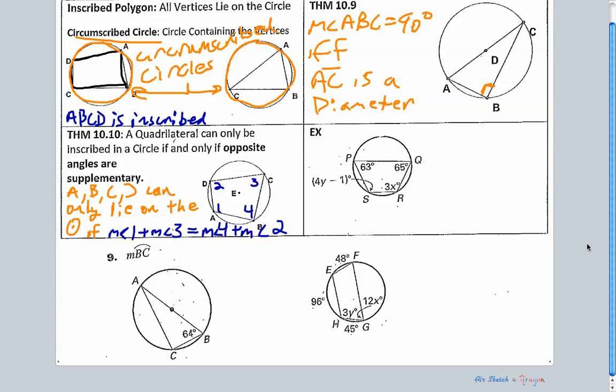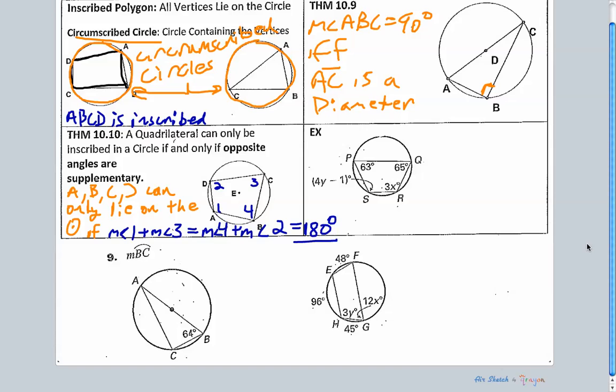Okay, opposite angles are supplementary. And if those two things are equal and they equal 180, that's maybe the most important part: they have to equal 180. So those opposite angles are supplementary. They add up to 180.